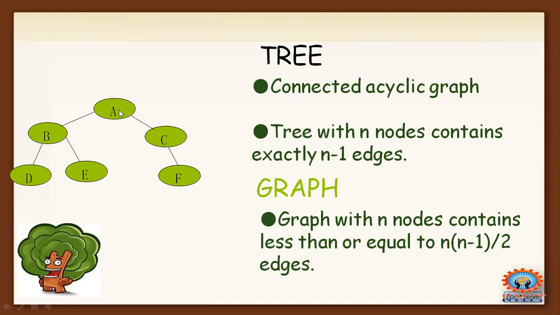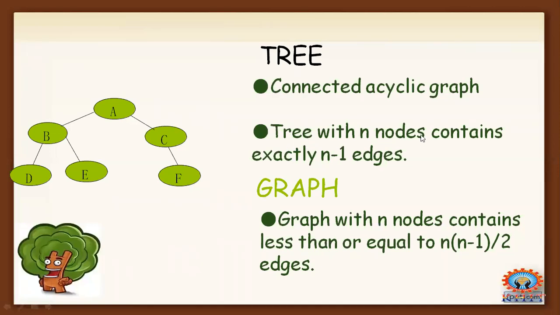In the tree, each and every node or vertex is connected by a straight line that is called an edge. Here vertex A is connected to vertex B and vertex C. There are two edges formed. A to B is one edge. A to C is another edge. These are represented as edges of the given tree.